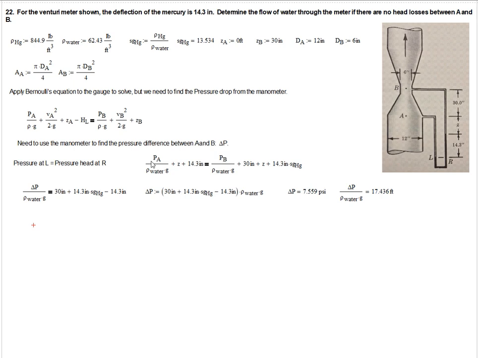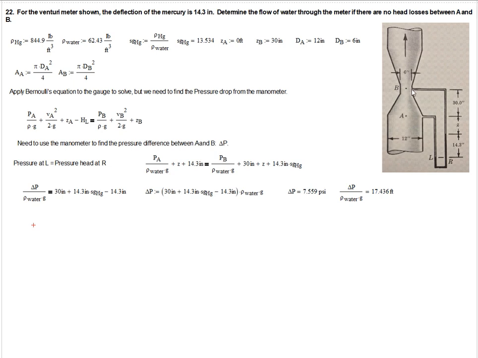And so here we've got PA over rho g, and this fluid is water, plus Z, so this height is Z, and then this height is 14.3 inches. So this total height between point A and L is Z plus 14.3 inches.